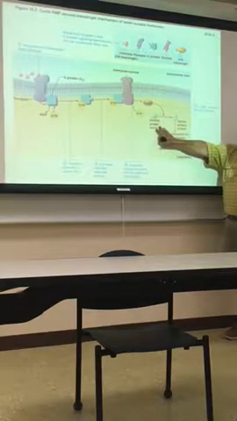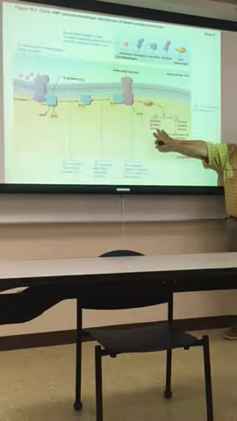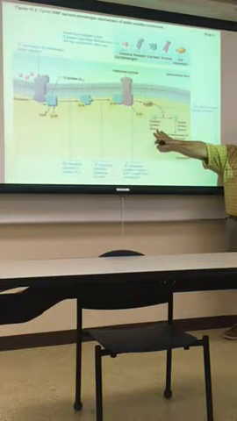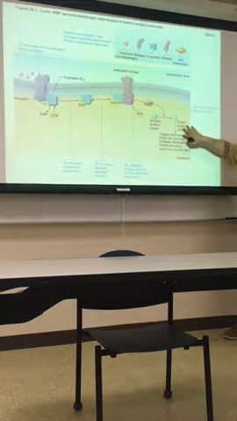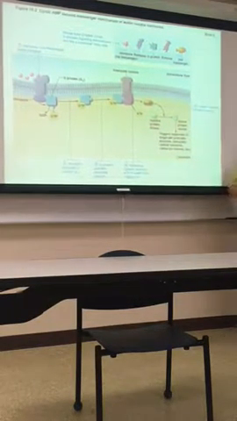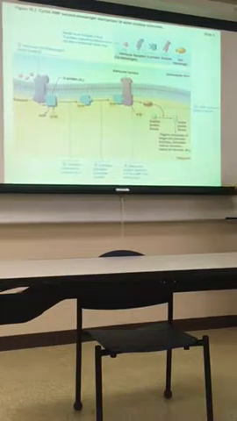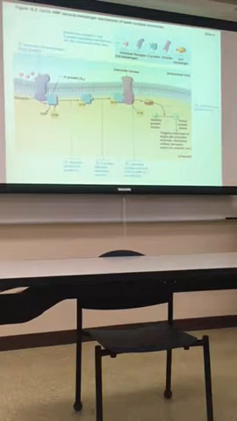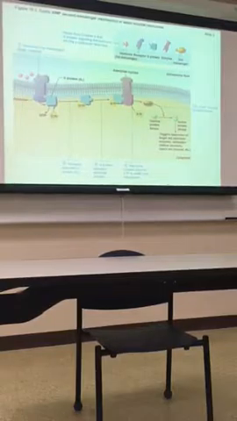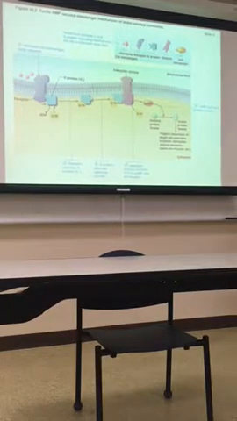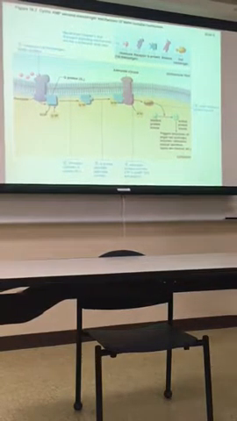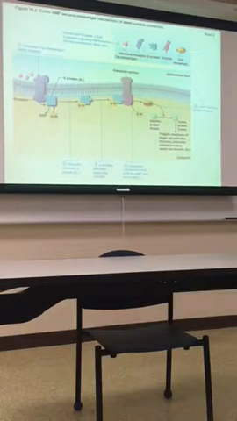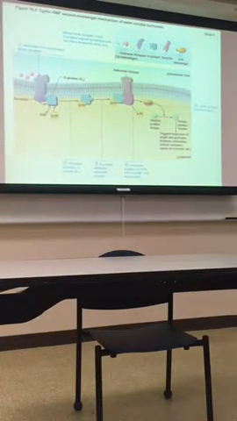Cyclic AMP can now activate protein kinases, which can then activate other enzymes, or they can phosphorylate a protein and turn it into an active enzyme or something along those lines. Okay? So this is the mechanism for your water-soluble hormones.